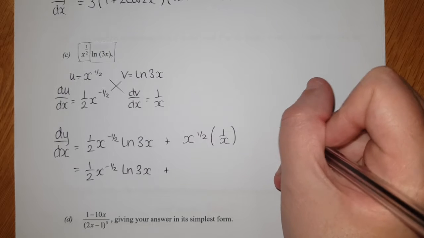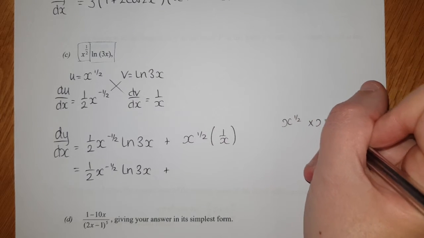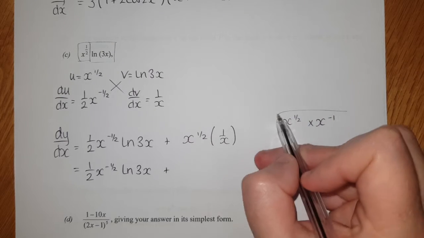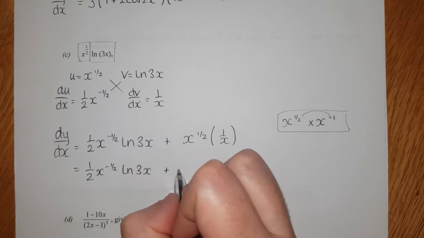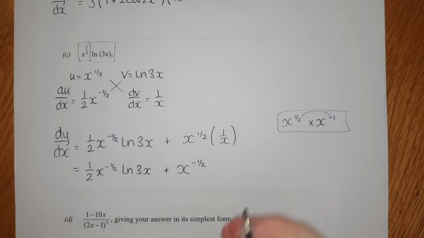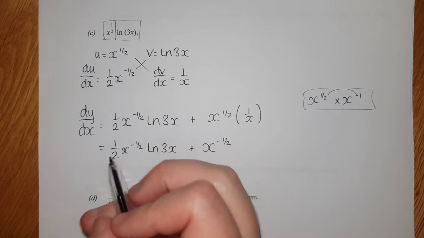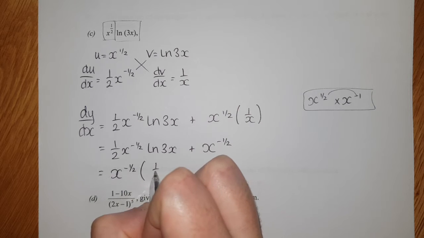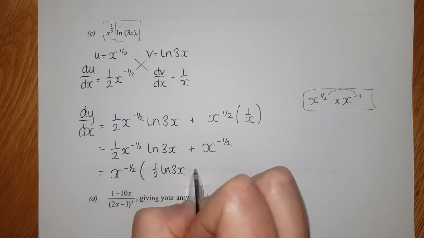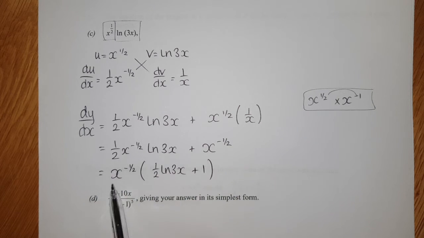So what you've actually got there is x to the power of a half times by x to the minus 1. When you multiply, you just add the powers. So a half take away 1 is minus a half. You get x to the minus a half. And again, you could factorise out x to the minus a half and leave you with a half ln 3x plus 1 if you need to do anything else with these sorts of questions afterwards.